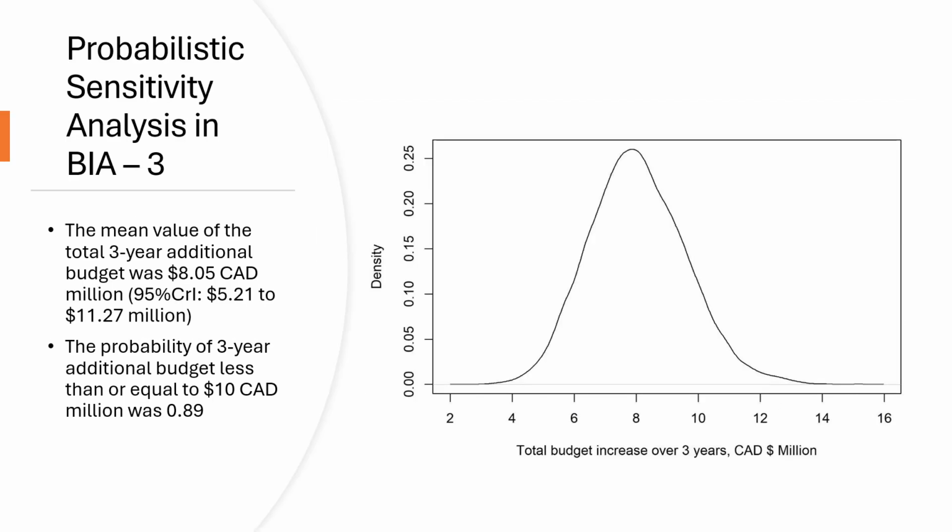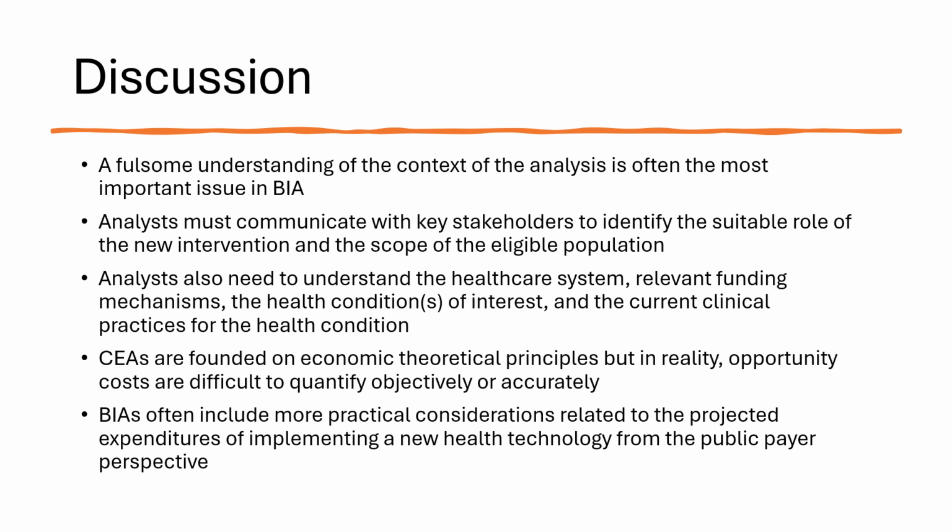The density plot of 3-year additional budget was presented in this figure. The mean value of the total 3-year additional budget was $8.05 million, and the probability of 3-year additional budget less than or equal to $10 million was 0.89. Discussion.